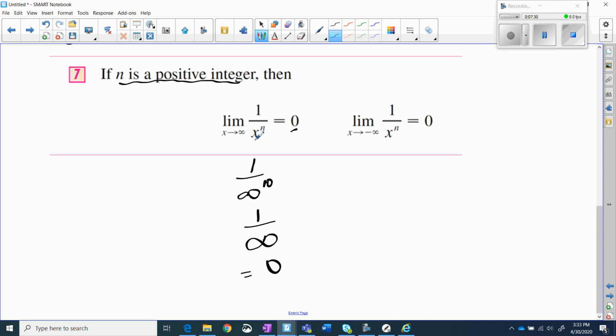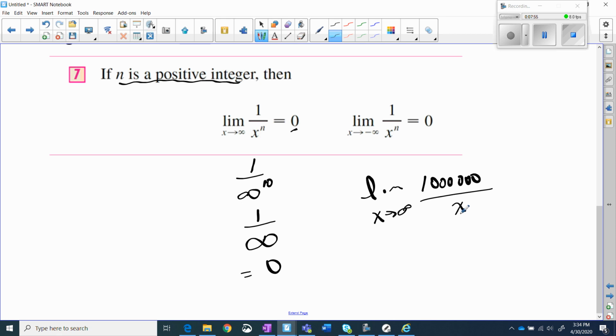So you can have 1 over just x, or 1 over x squared, 1 over x to the 10th. You could even have, it doesn't have to be a 1, because I could have the limit of, it could be a million if you wanted it to be, it doesn't matter, over x, and x is going to infinity. This is what they mean by arbitrarily large. Well, they say, well, how big could the bottom number be? Well, it could be as big as you want it to be.